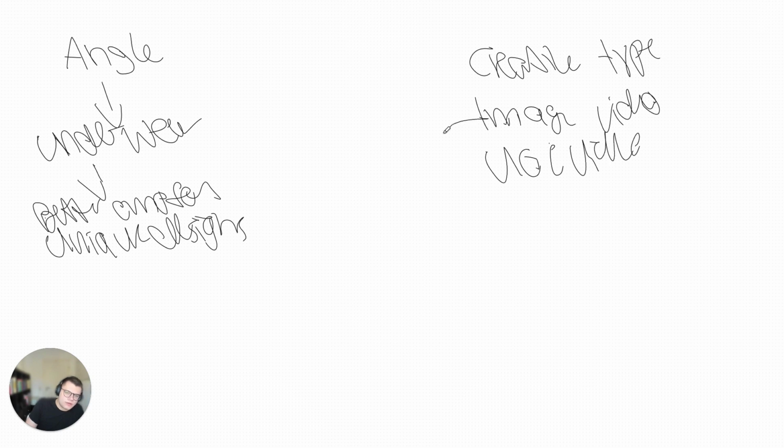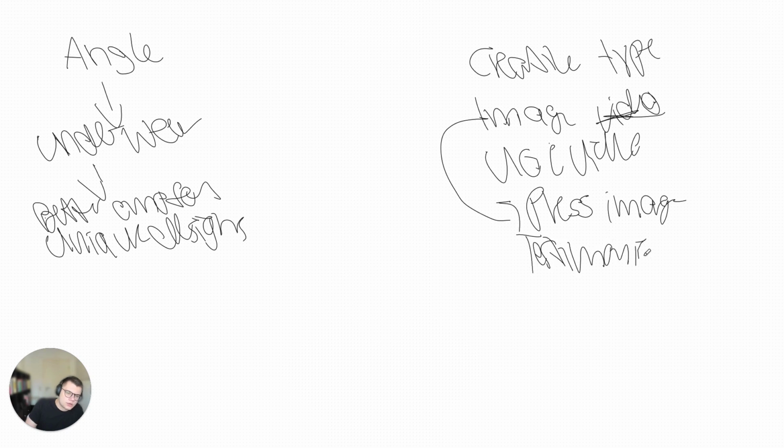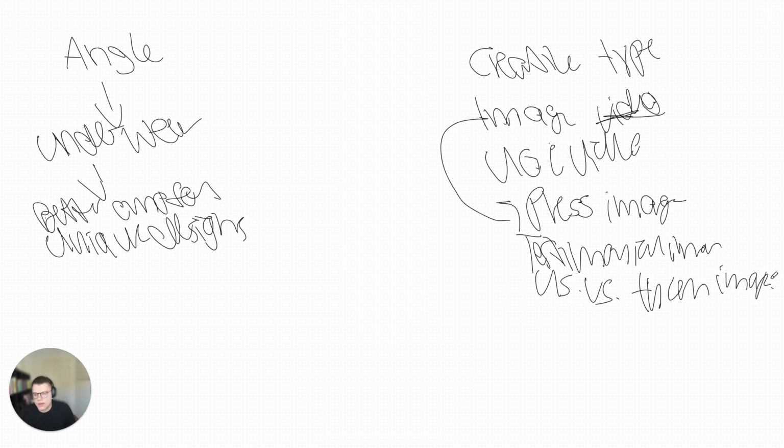If you dive deeper into the image section, it could be like press image, or testimonial image, or us versus them image, right? It could be all of the creative types that are out there to sell your product. Us versus them image, us versus them video, UGC video, etc., etc. It could be a whole lot of different things.